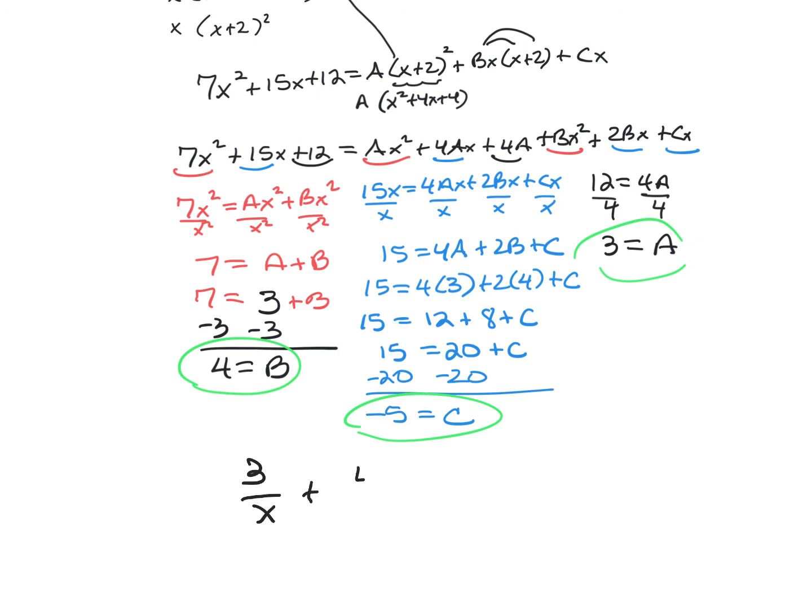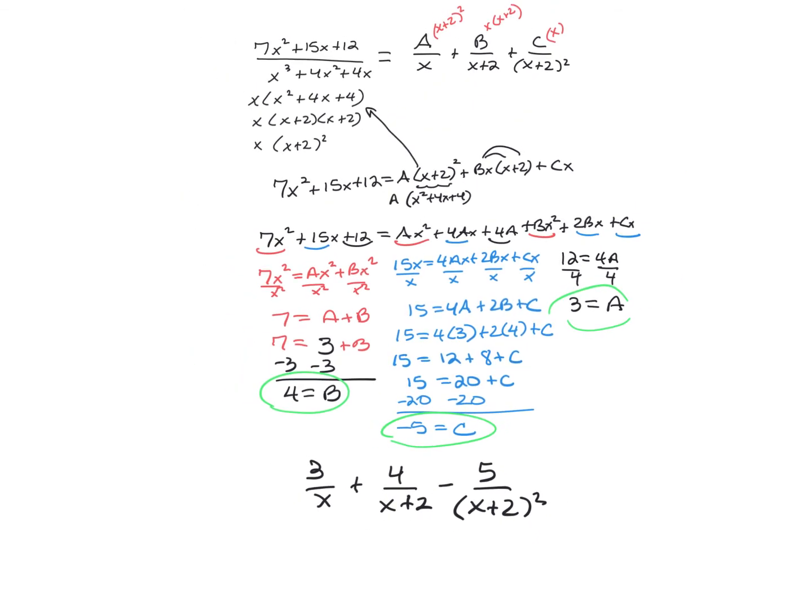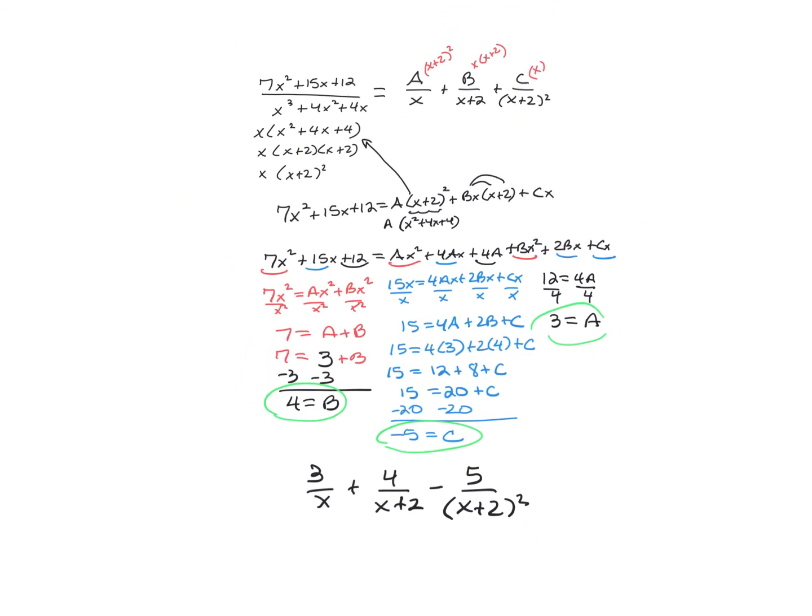The b goes on top of the x plus 2. And then the c, it's a negative 5, so I'll put it in as a subtraction over the (x plus 2) squared. And that's how you can do your problems.